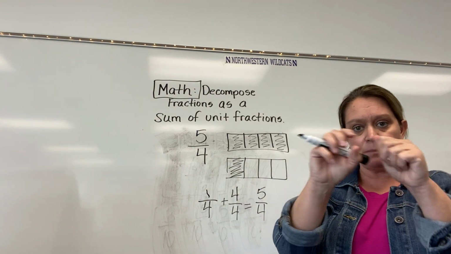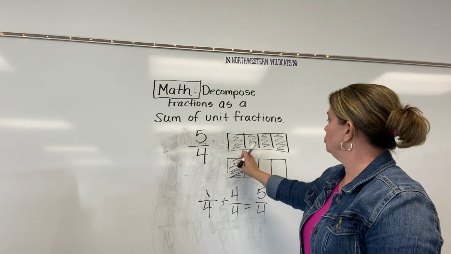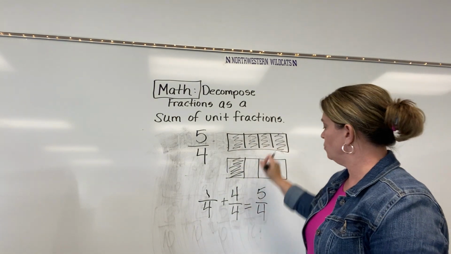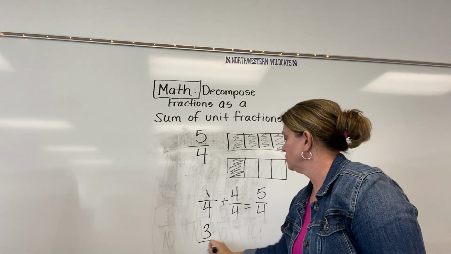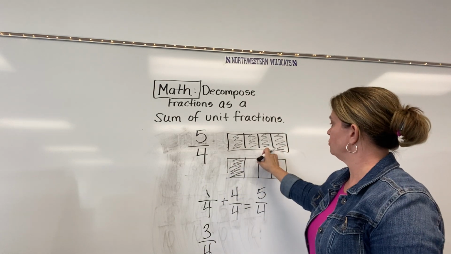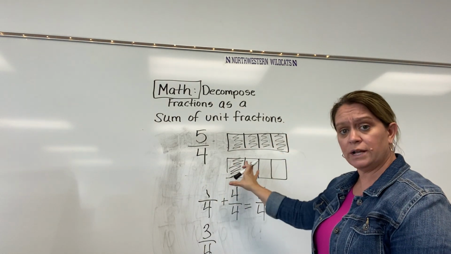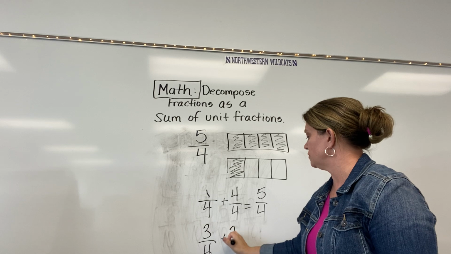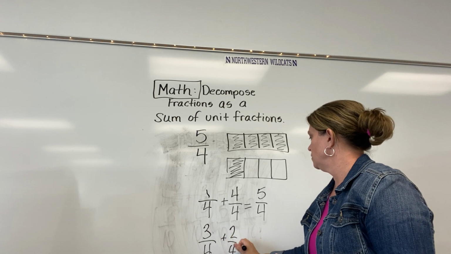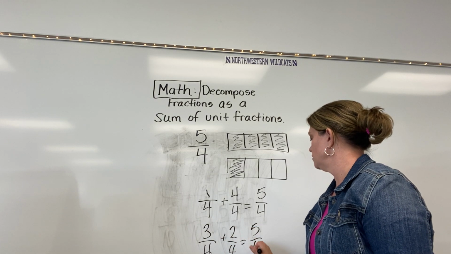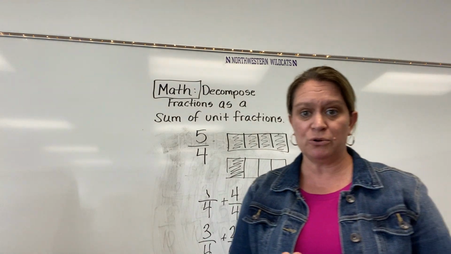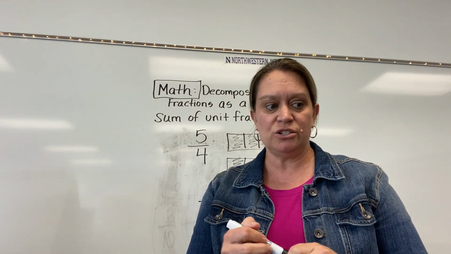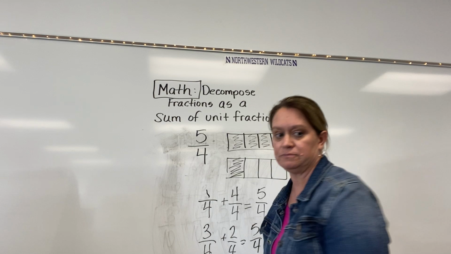Again, if you want to break it apart again, you might do 3/4. 1, 2, 3, and then how many are left? 1, 2. So 3/4 plus 2/4 equals 5/4.